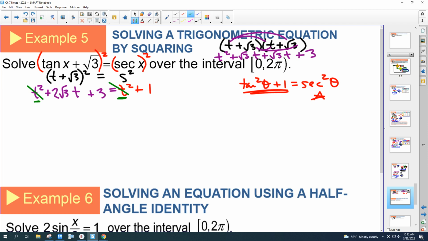When we only have one variable, we can isolate. This just became much, much simpler because I'm going to isolate the variable. I'm going to subtract this 3, and I get 2 times the square root of 3t equals negative 2.